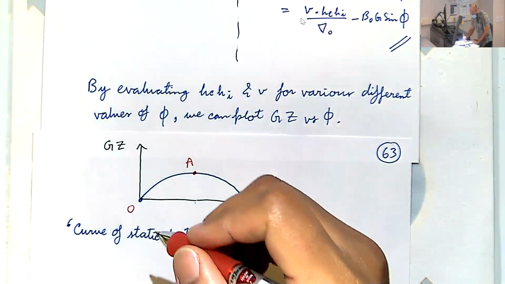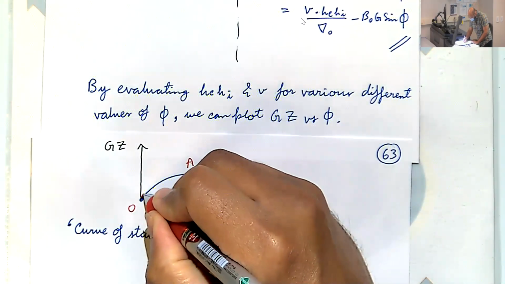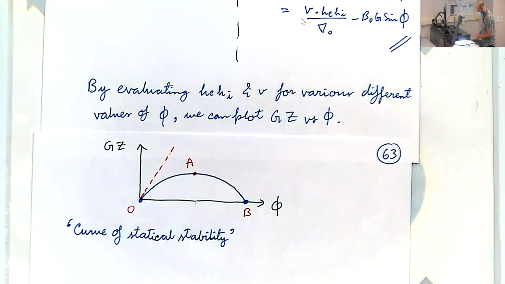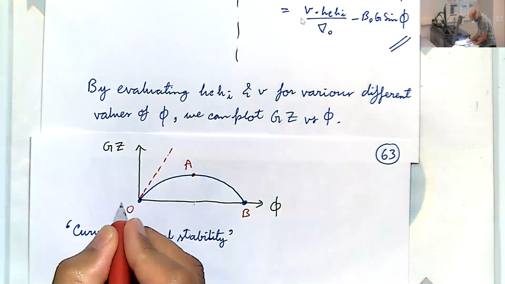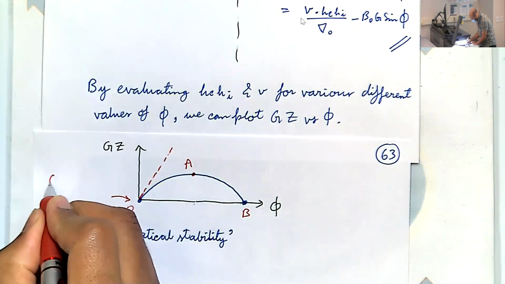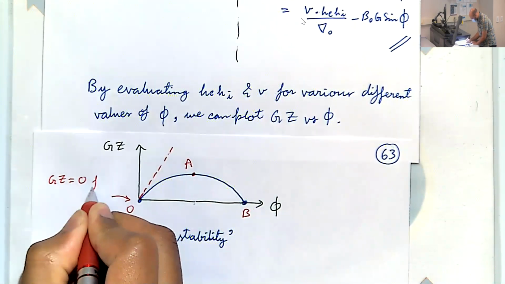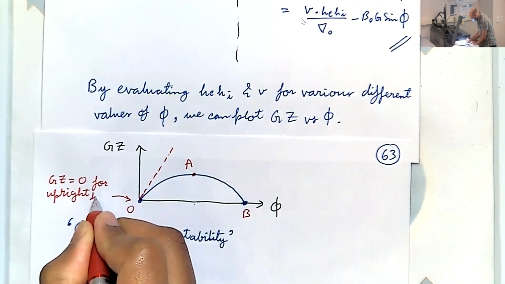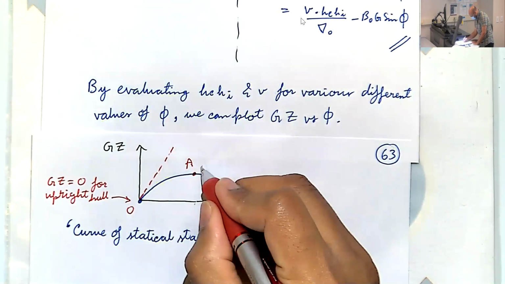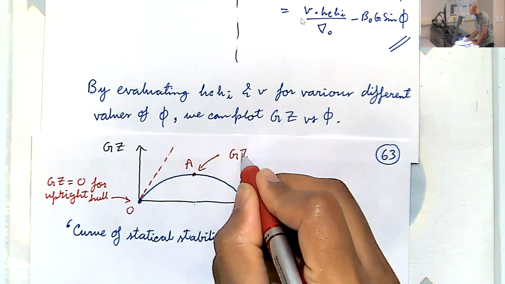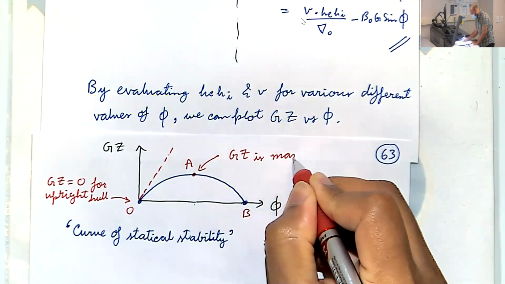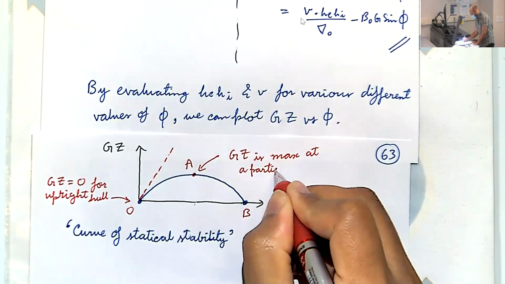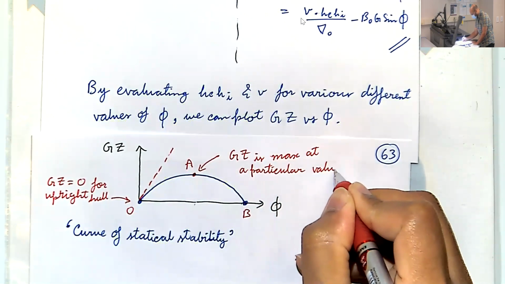I want to mark one more thing on the graph. Let me draw a tangent at the 0. Okay, and I'll tell you why. So this point tells us GZ is 0 for upright. This tells us GZ is maximum at a particular value of phi.